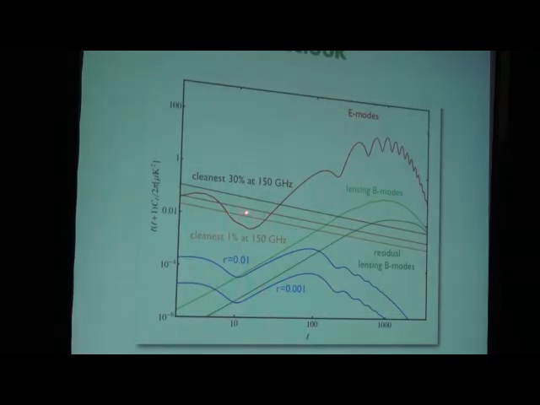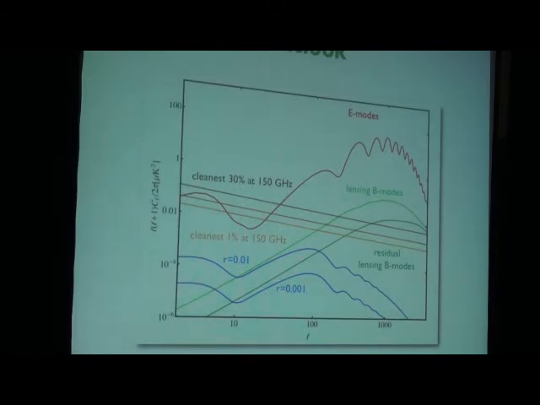This is here the cleanest region of the sky, cleanest 1% at 150 gigahertz. The 150 gigahertz is not the cleanest or lowest for the foregrounds, but I didn't want to have to put the big error bars. So in principle at lower frequencies, it should be a little bit cleaner, but not dramatically.